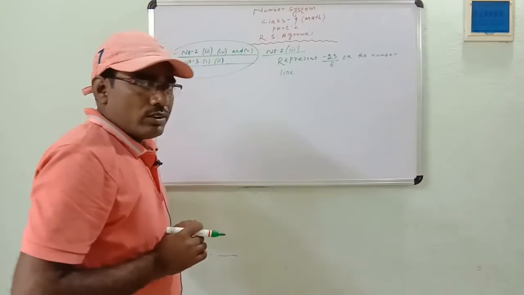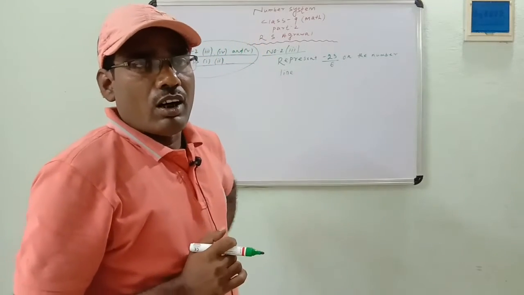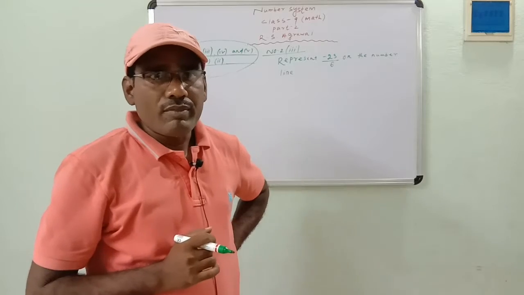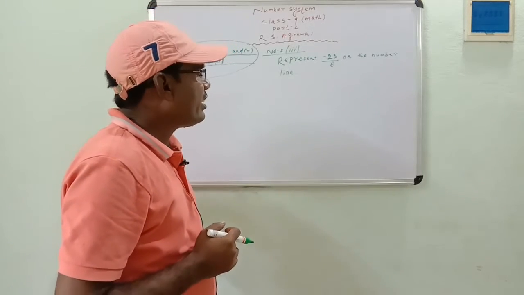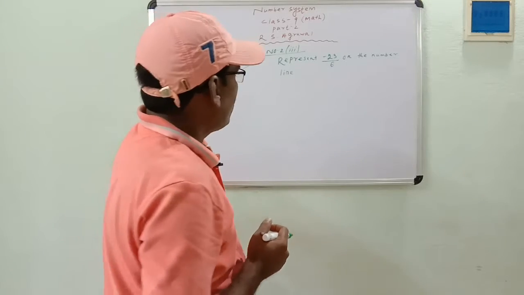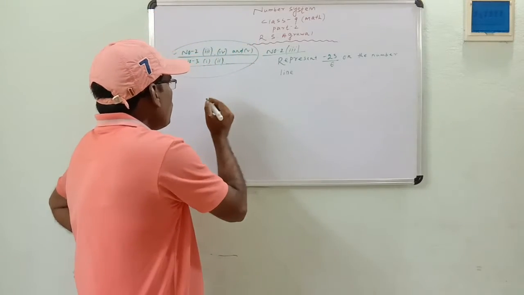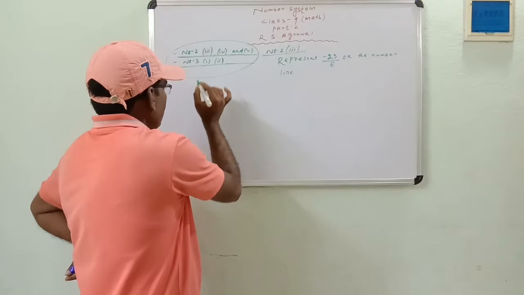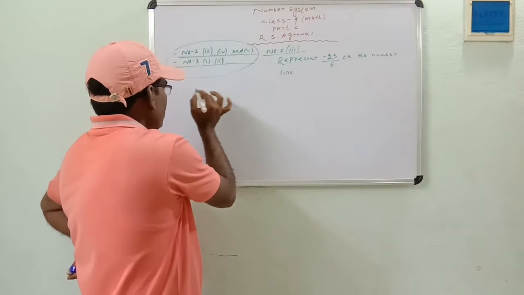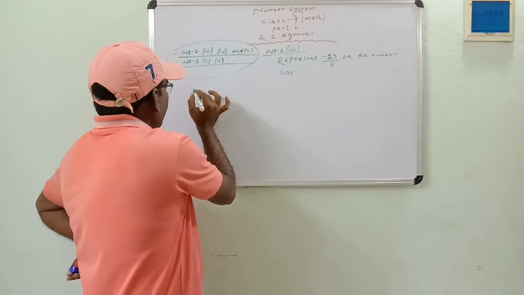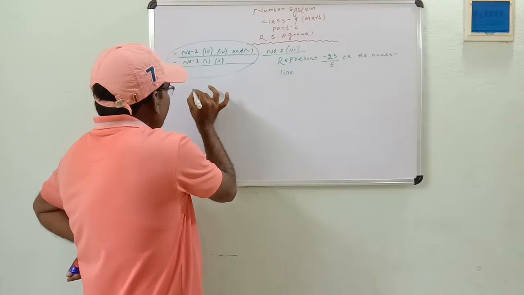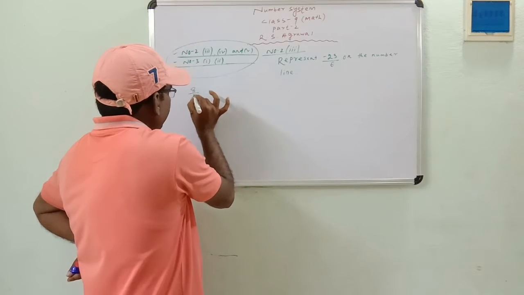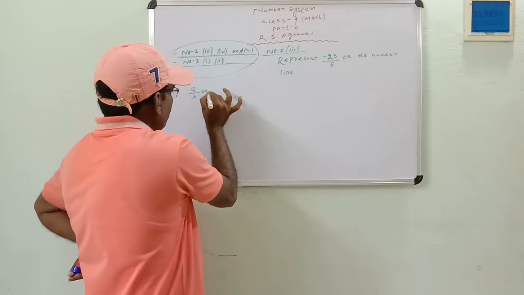Students, I had already told you how to represent a positive rational number on the number line. Suppose yesterday I discussed how to represent 8/3 on the number line.